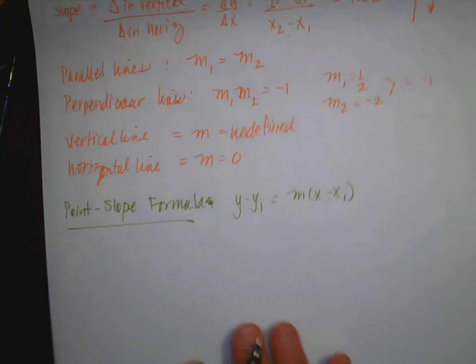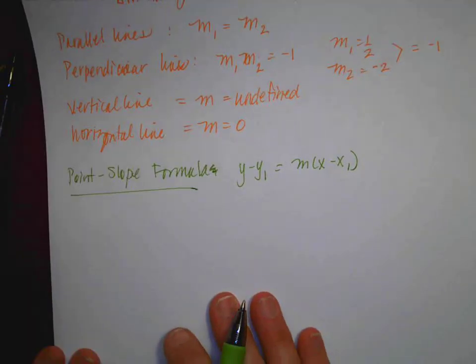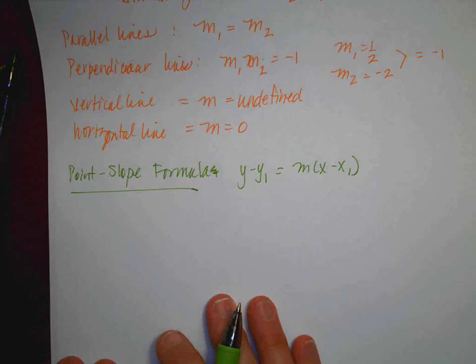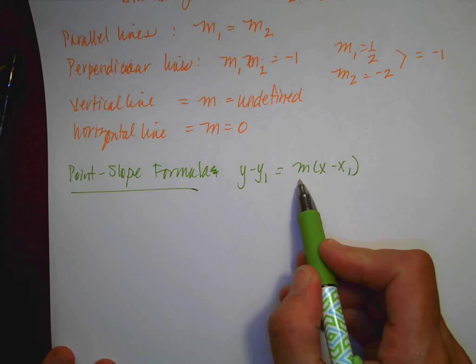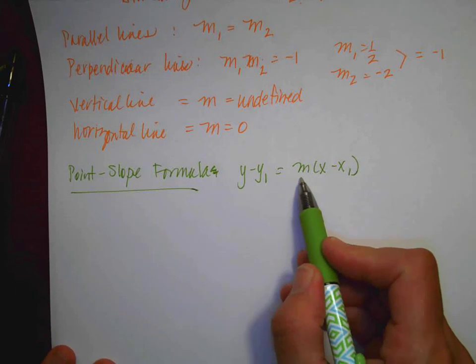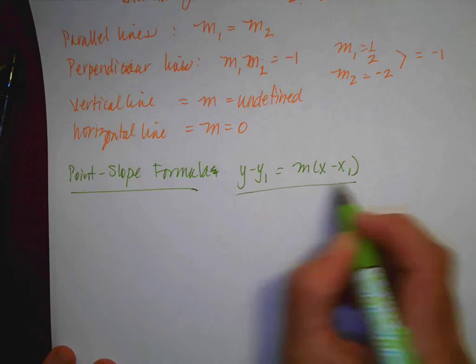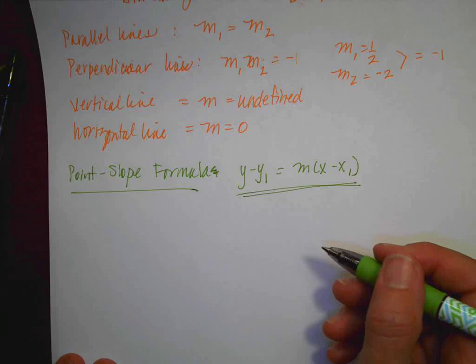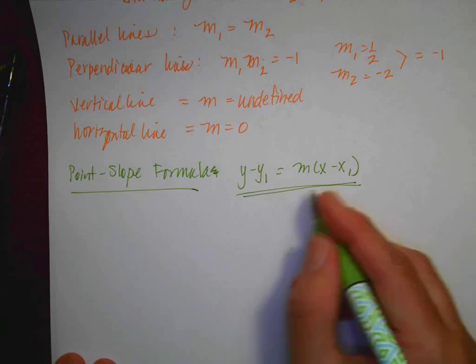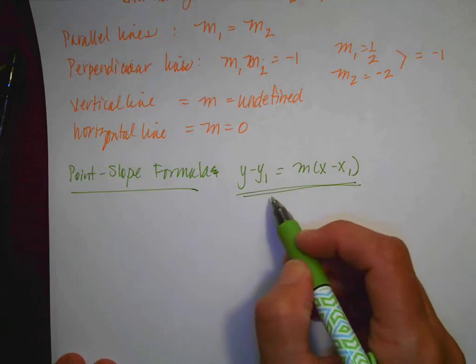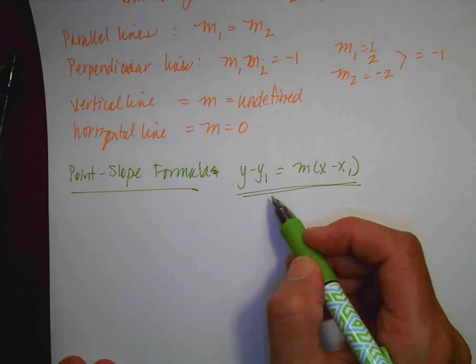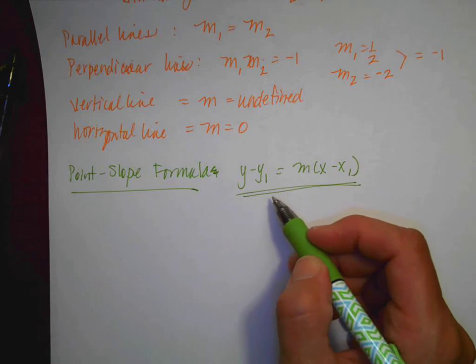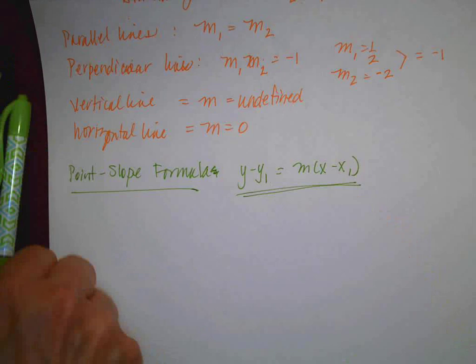And in calculus, one of the things that you will be told throughout the semester is that we often get in trouble when we reduce things. So for calculus, we use this formula almost exclusively to write the equation of a line. And then when we report, we can also report in point slope formula as well. So we will talk about that as we move along.